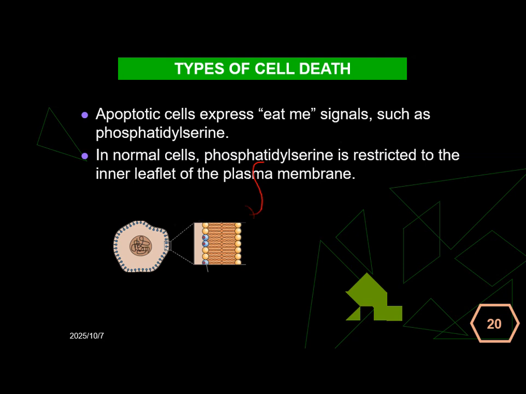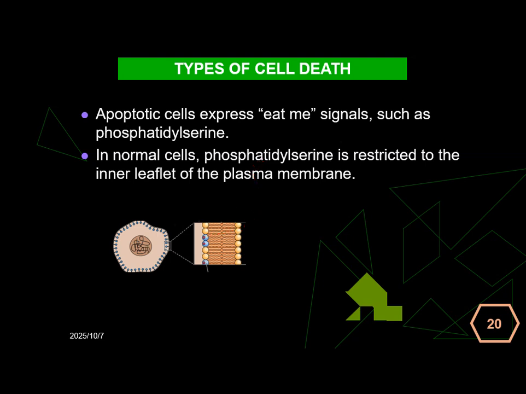So when the cell dies, the apoptotic cell expresses an eat-me signal outside of the cell membrane, and that signal will tell the macrophage to eat it. Otherwise, the macrophage doesn't know which one it should eat. What happens is, in a normal cell, the phosphatidylserine is restricted to the inside, the cytoplasmic fraction.